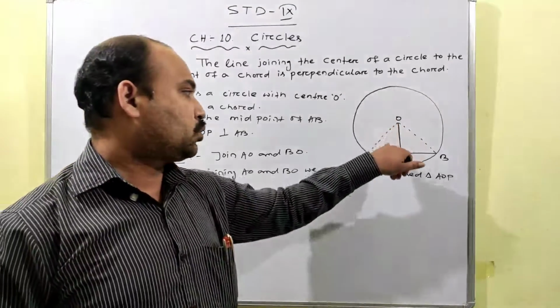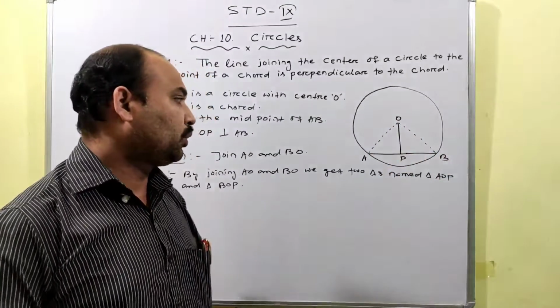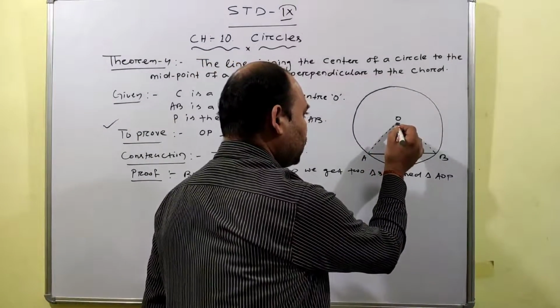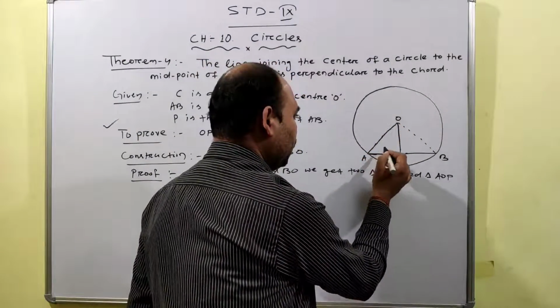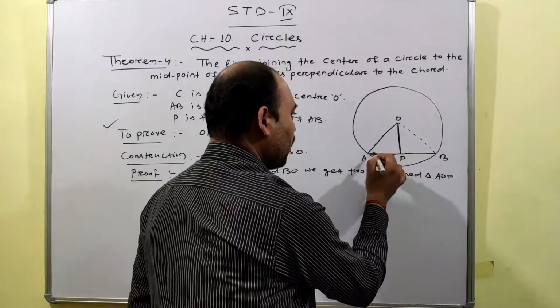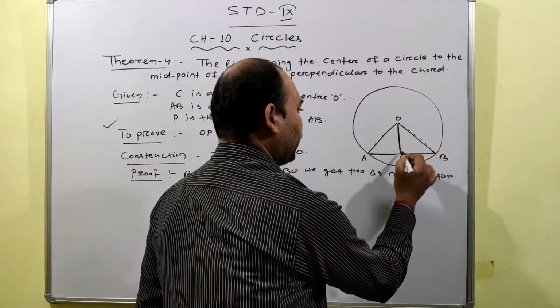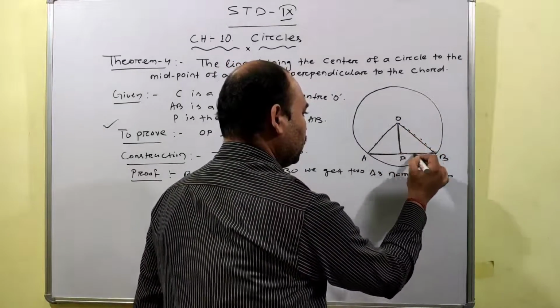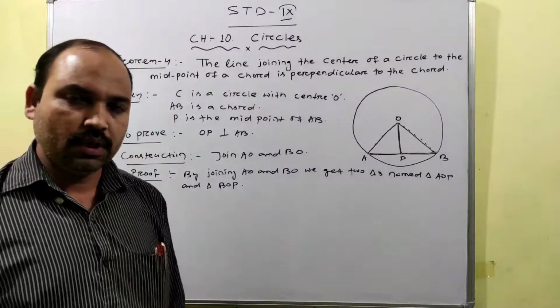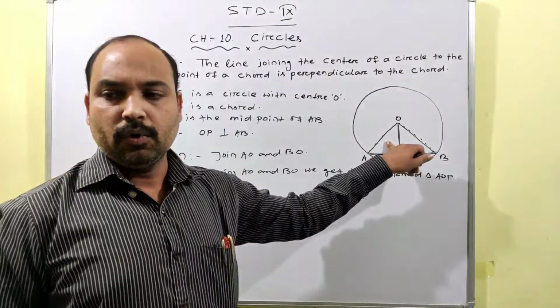When we join these two, we get two triangles. One is triangle AOP, and the other is triangle BOP. Two triangles we got. Now next step, what will we do?